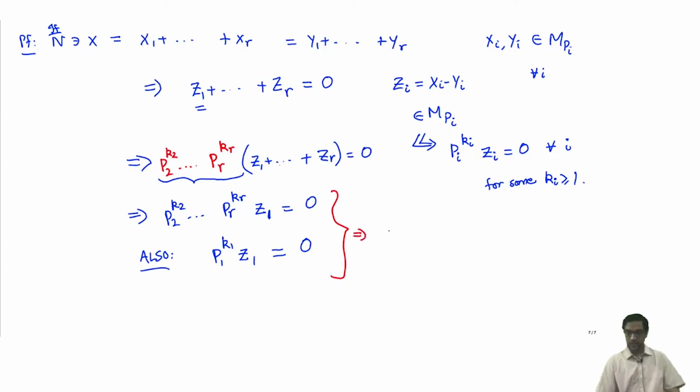Okay, so what does this mean? It says that p1 power k1 belongs to the annihilator of z1, and the other product p2 k2 till pr kr also belongs to the annihilator. Okay, but remember, these two elements, p1 to the k1 and p2 p3 pr to the corresponding ki's, are relatively prime, right?